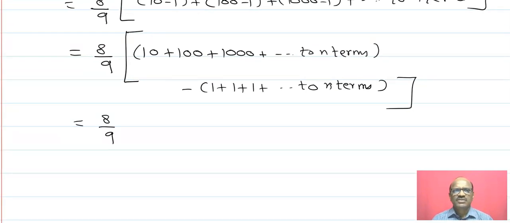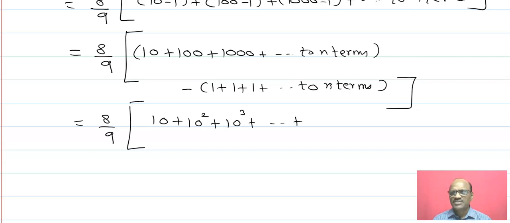That is equals to 8 upon 9 in bracket. Now again this is in the geometric progression. It is written in this fashion, that is 10 plus 10 square plus 10 raised to 3 up to the n terms minus 1 plus 1 up to the n terms.